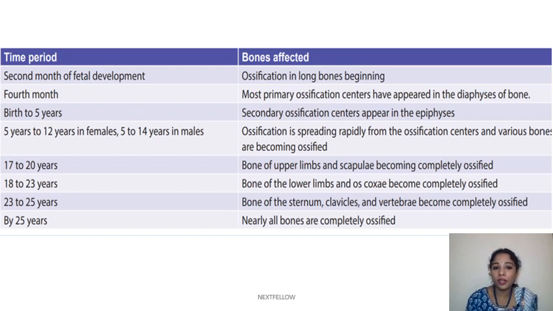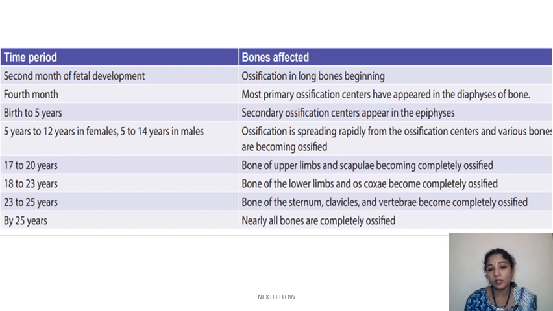From birth to 5 years, the secondary ossification centers appear in all the epiphyses, and from 5 to 12 years in females and 5 to 14 years in males, the ossification spreads rapidly from the ossification centers, where the bone becomes ossified and starts growing. At 17 to 20 years the bones of the upper limbs and scapula become completely ossified, and at 18 to 23 years the bones of the lower limbs and coccyx become completely ossified.